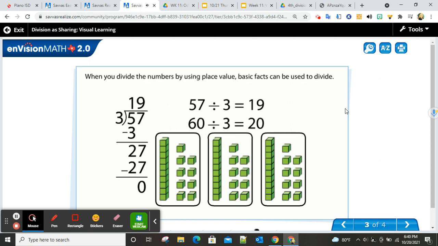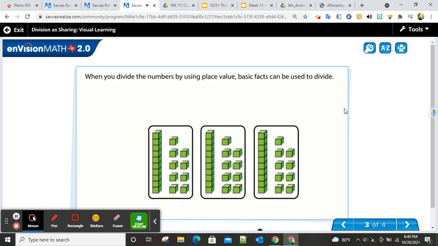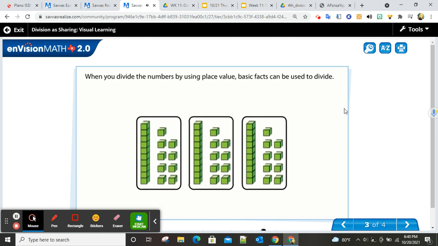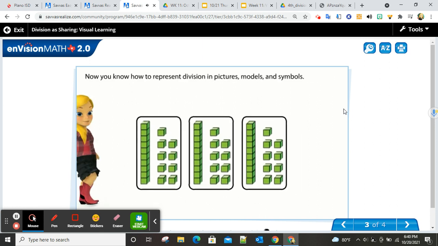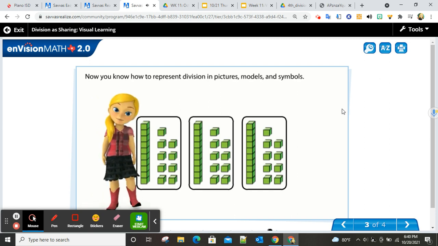When you divide the numbers by using place value, basic facts can be used to divide. Now you know how to represent division in pictures, models, and symbols. Well, I hope this helps you get a deeper understanding of division, and now it's time to try a few problems.